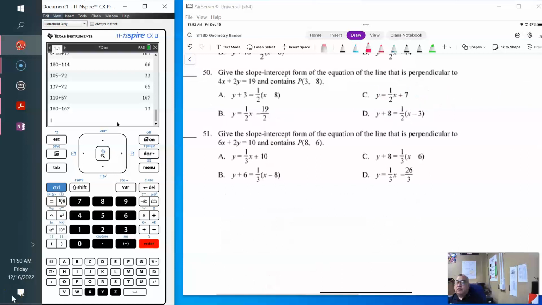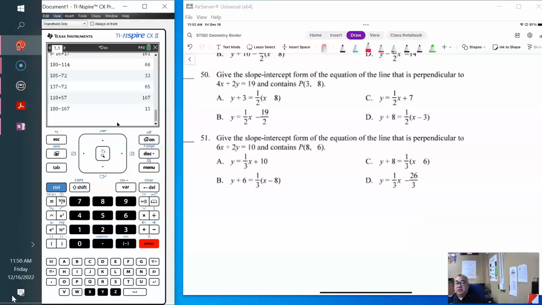So number 50, you might see something like this on the test. It says give the slope-intercept form of the equation of a line that is perpendicular to this equation, which is 4x plus 2y equals 19. You know that 4x plus 2y is in standard form, so you're going to have to solve for y.